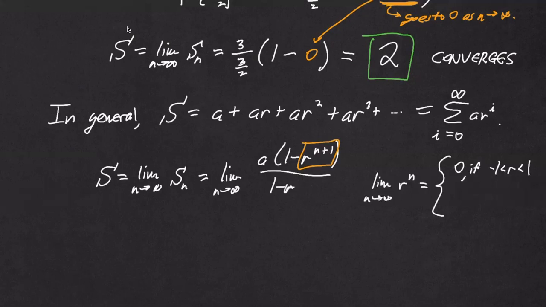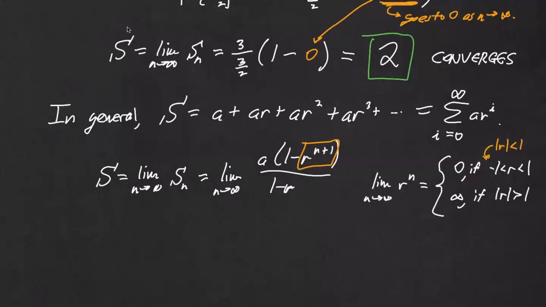And by the way, I could rewrite that as the absolute value of r is less than 1. And if the absolute value of r is greater than 1, then it's going to blow up and get bigger and bigger.